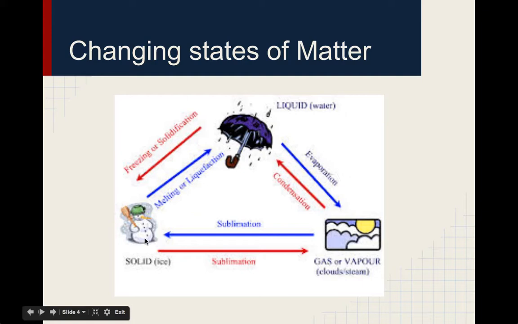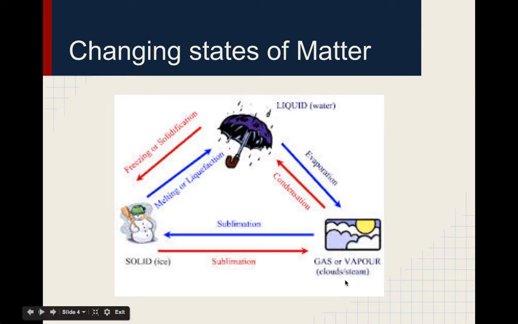Now, it's rare, it doesn't happen in nature very often, but we do see it when there is snow and hail. So most of the time the clouds would build up, and once that temperature drops, the vapor in the cloud would start to condense. So here we're going backwards now.